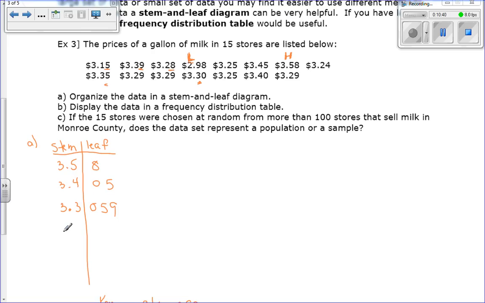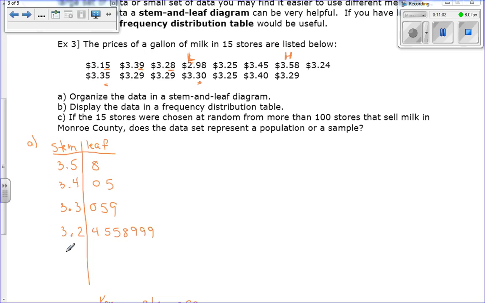Next, we need to look in the $3.20 range. There are quite a few of those, and in order we would have a 324, two 325s, so we have 5 and 5, and then we have a 328 and three 329s. So I have to have three 9s to represent all three of those.